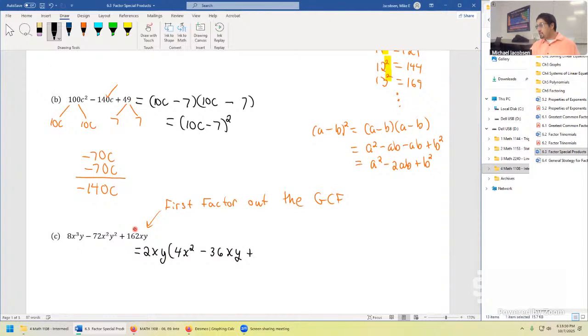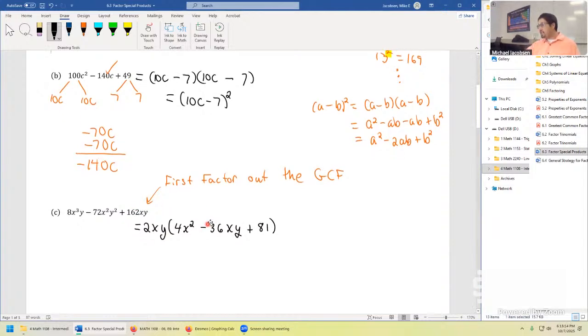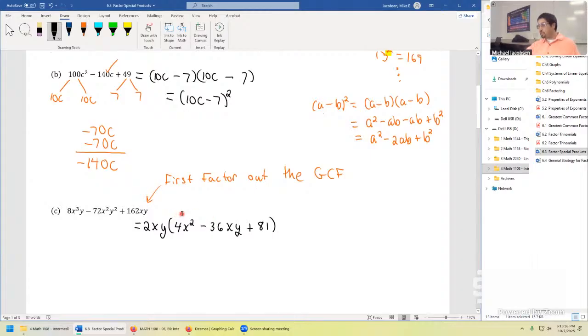So this is going to be a plus 81. At this stage, this is what we would be left with, 4x squared minus 36xy plus 81. We factored it out a little bit, but the instructions say to factor completely. So we need to see how much this can reduce on the inside. Any questions to this stage so far?